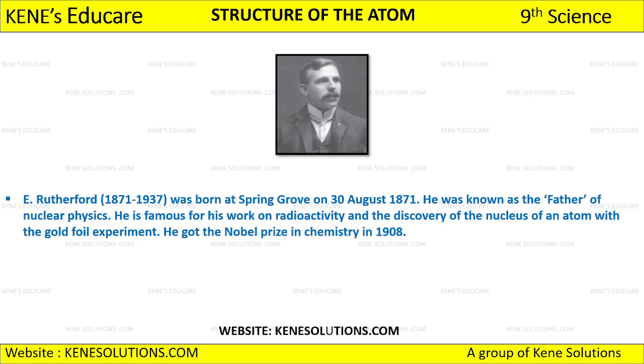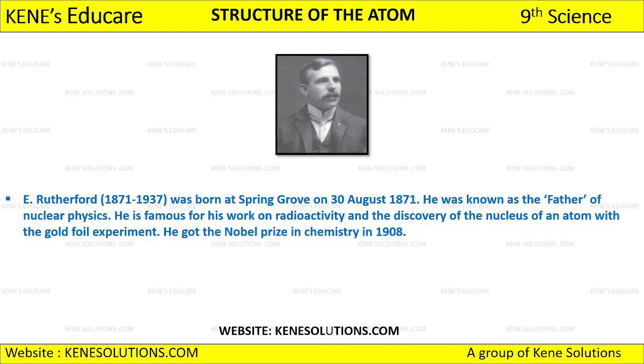He was born at Spring Grove on 30th August 1871, and he was known as the father of nuclear physics. What was he known as? He was known as the father of nuclear physics, and he was famous for his work on radioactivity and the discovery of the nucleus of an atom with the gold foil experiment.